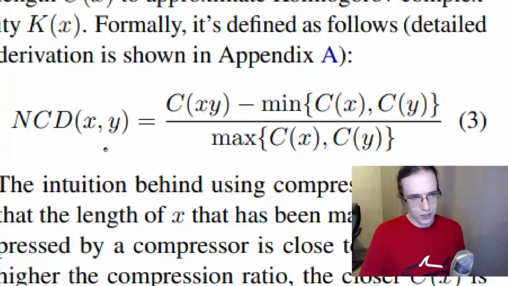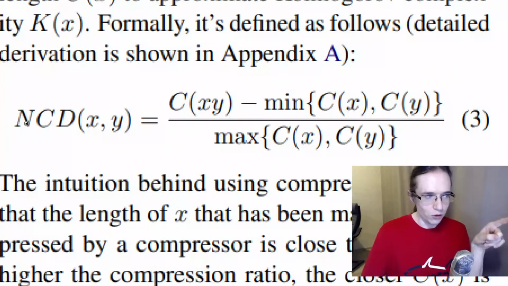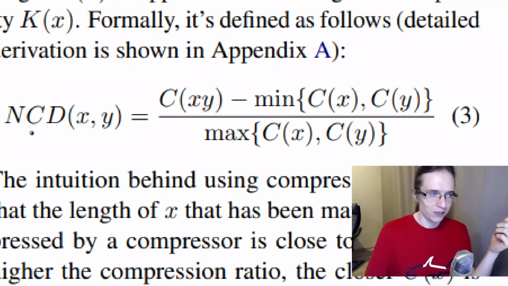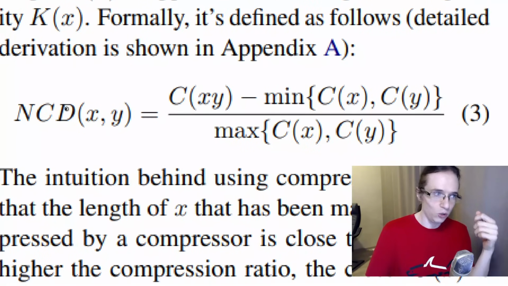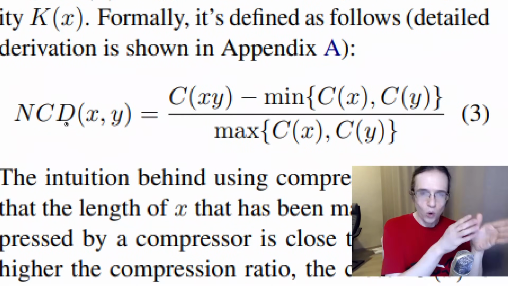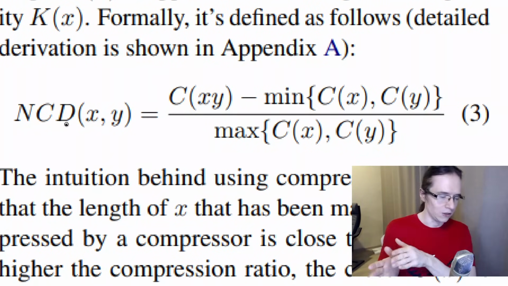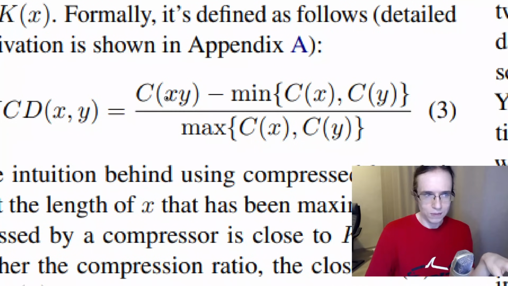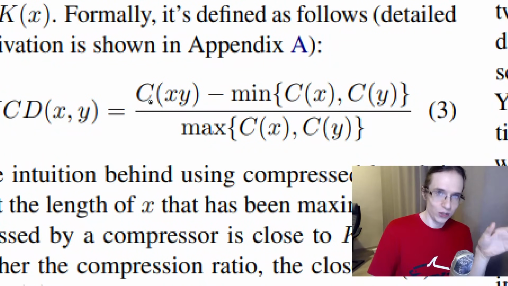The distance is the so-called normalized compressed distance, and x and y are the texts. You have two texts, you compute the normalized compressed distance, and you do k-nearest neighbor on that. How do you compute that? You concatenate x and y, and you compress the concatenation of x and y with gzip, literally with gzip.